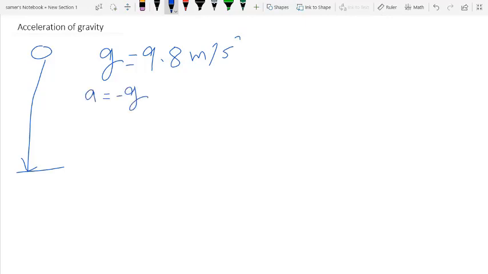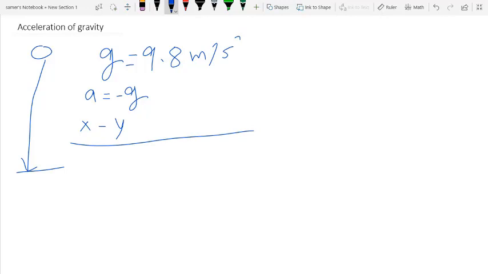Instead of x, we will write y to designate the vertical direction, because in free fall we have vertical motion, motion on the y-axis.